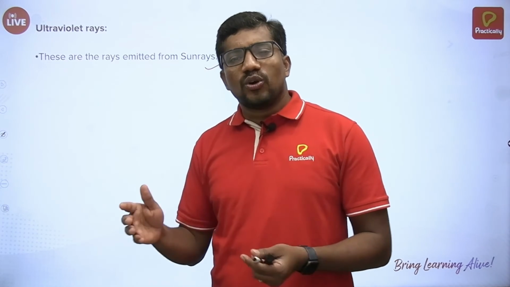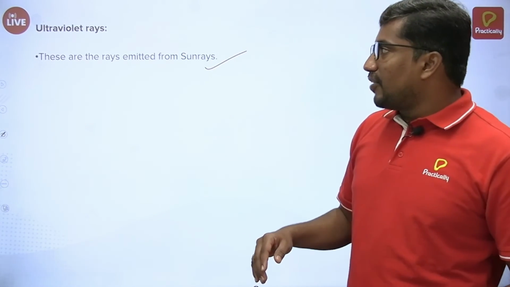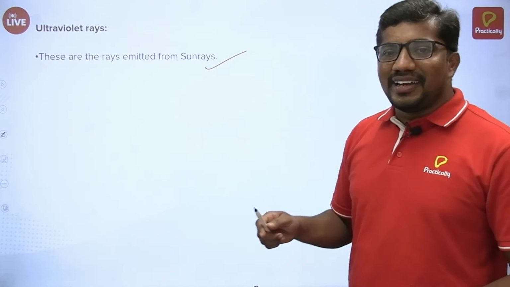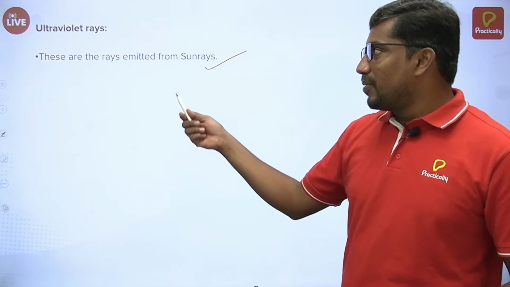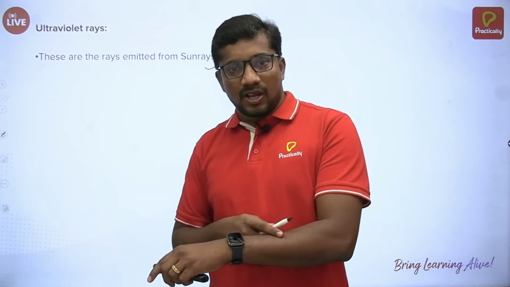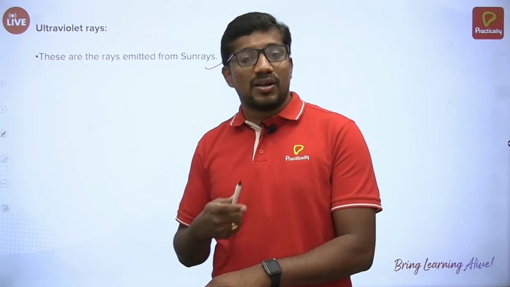So I told you there are many theoretical points. You can find out more by referring to other books also. UV rays, why I recalled this especially now: we allow ultraviolet rays to fall on the skin, especially early in the morning, to synthesize vitamin D in the body.